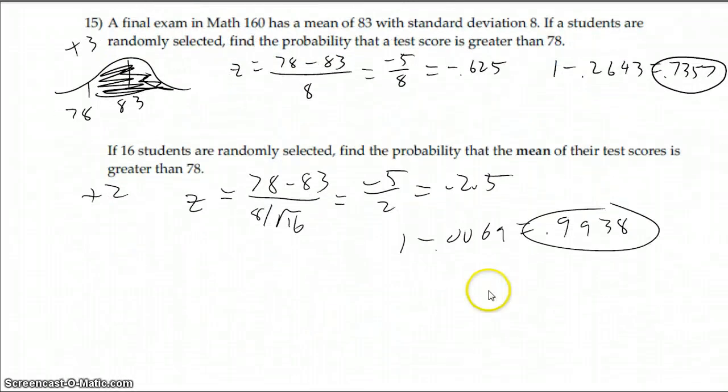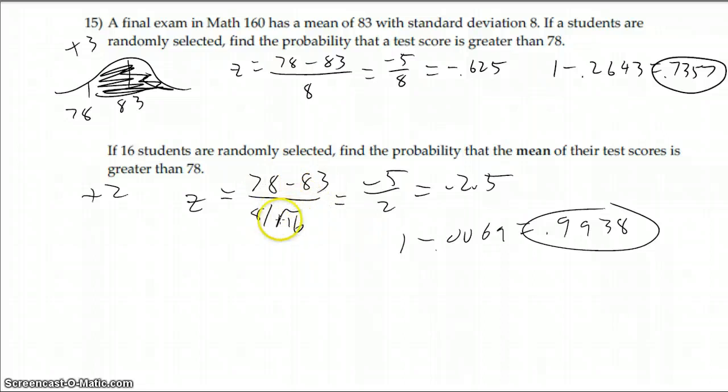15, there's a test of average of 83, standard deviation. Just pretty straightforward. Find the area to the right. Again, 1 minus, and if we look up negative 0.63 on our z-table, we get 0.2643 below. That means the area to the right is 0.7357. That's the probability of getting one student above a 78. Now what's the probability that the class average is above 78?